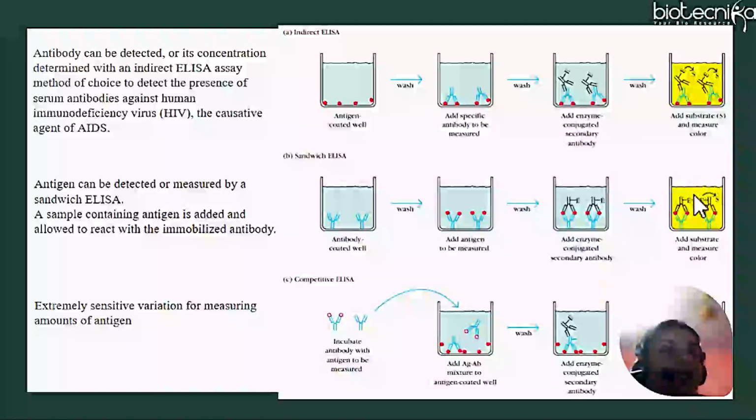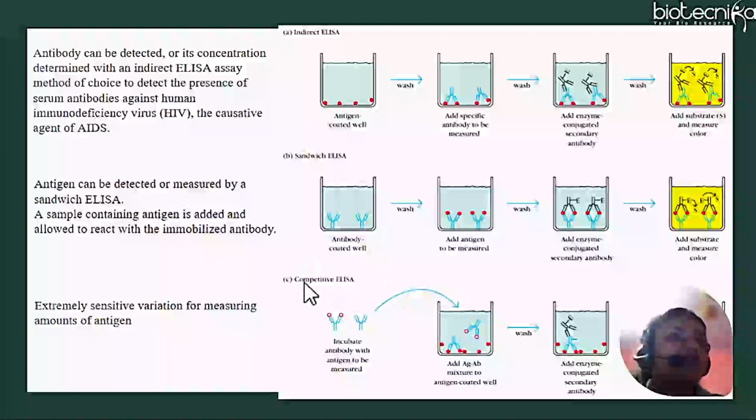The moment you add a substrate, it gets converted into a colored product. This is called sandwich. Why? Because your antigen is sandwiched between the primary antibody and the secondary antibody, and hence the name sandwich ELISA. This is also very sensitive and very efficient, even more than your indirect ELISA.